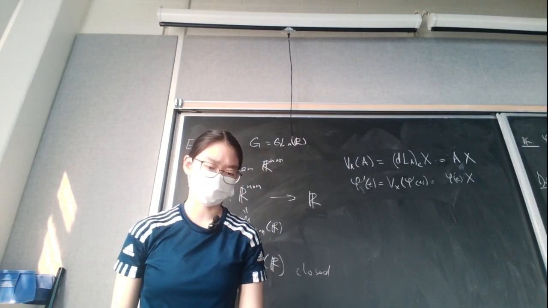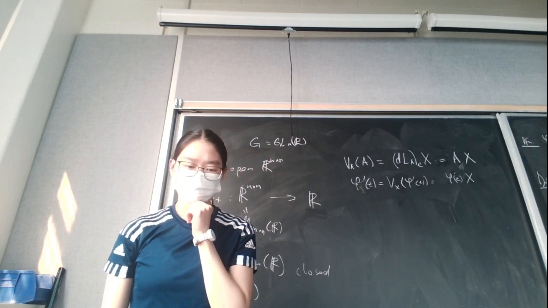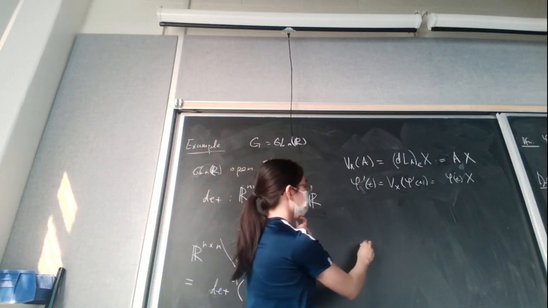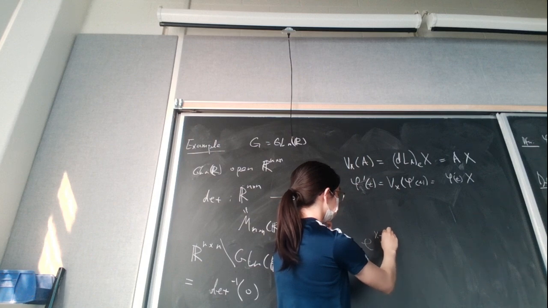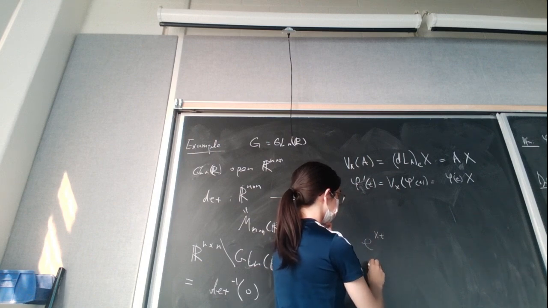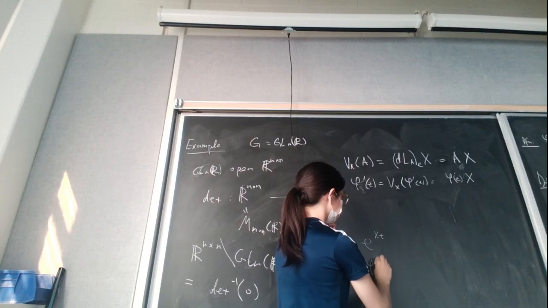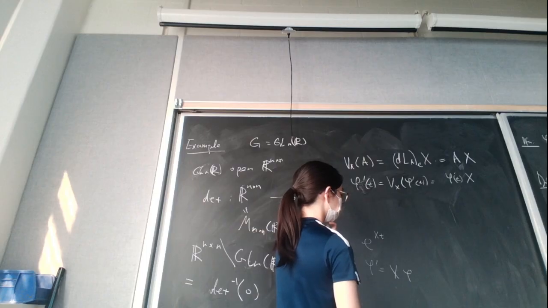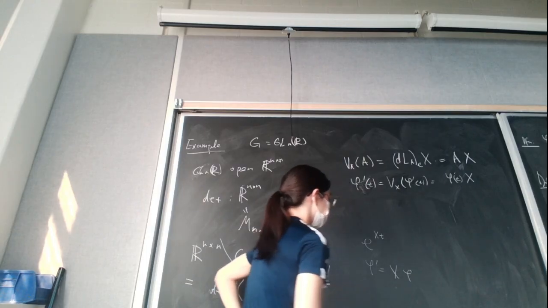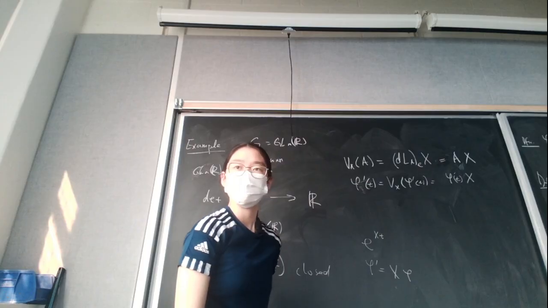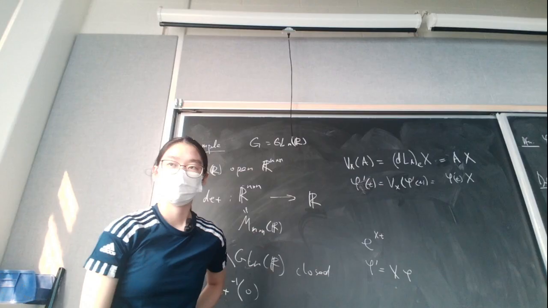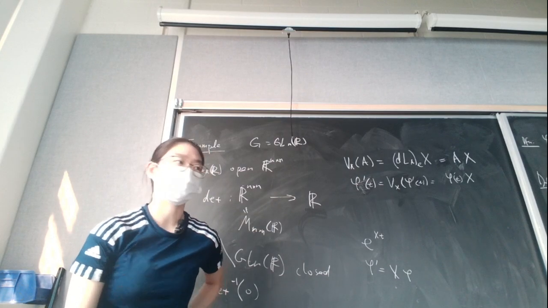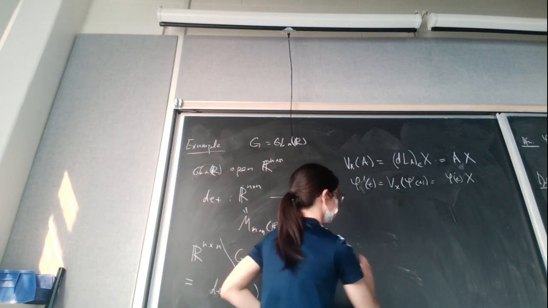Because I realized that there's a problem. If I want the solution to be e to the xt, then my ODE has to be phi prime equal to x on the left times phi. Yeah, because e to the xt you can write as a series in x, where every term is just something with x. Oh, I see. Okay.